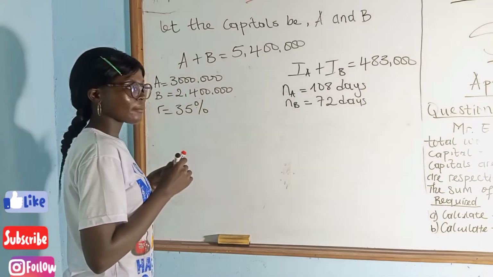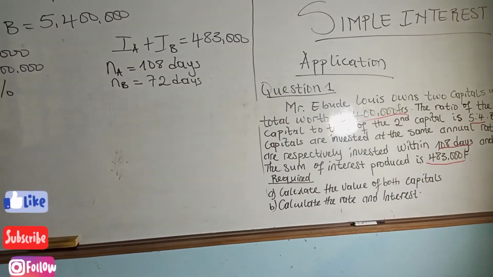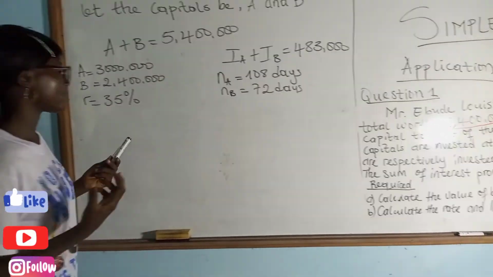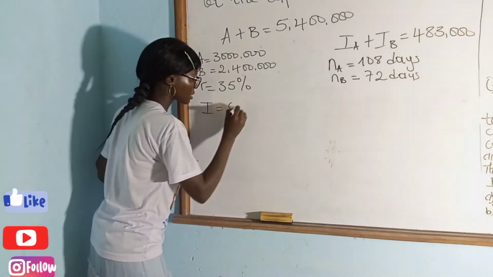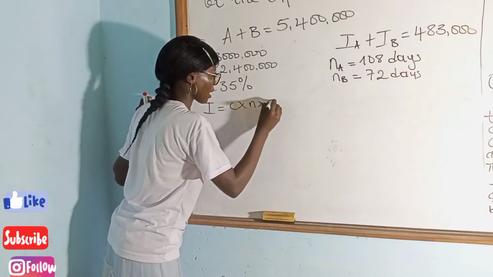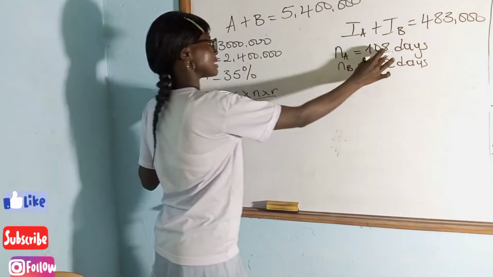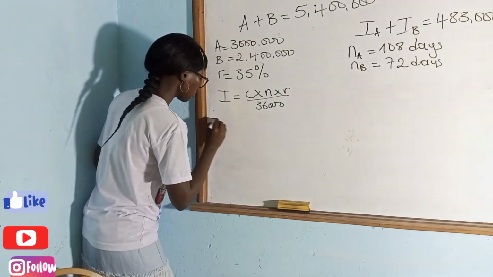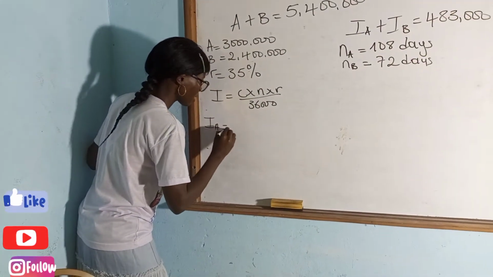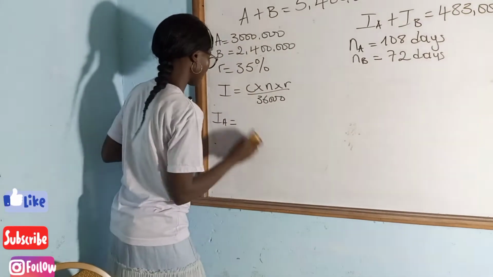So they said we should determine our interest. We have to determine the interest produced by A and the interest produced by B. We already have our formula. Interest is equal to C times N times R divided by 36,000, because the N was in days, do not forget.